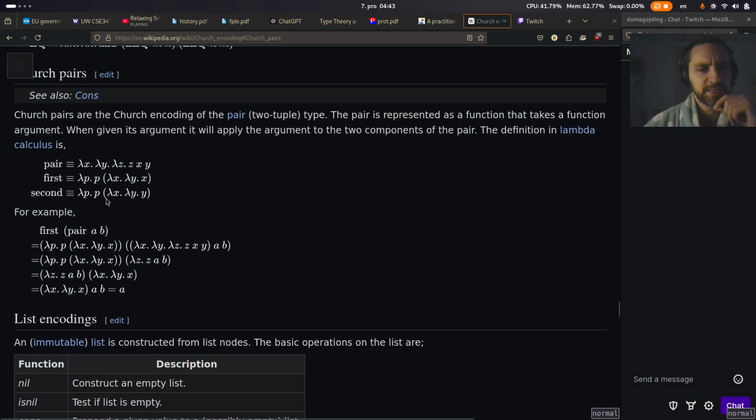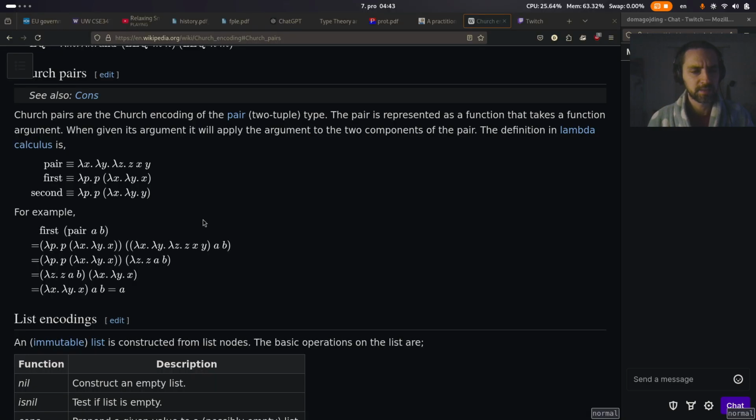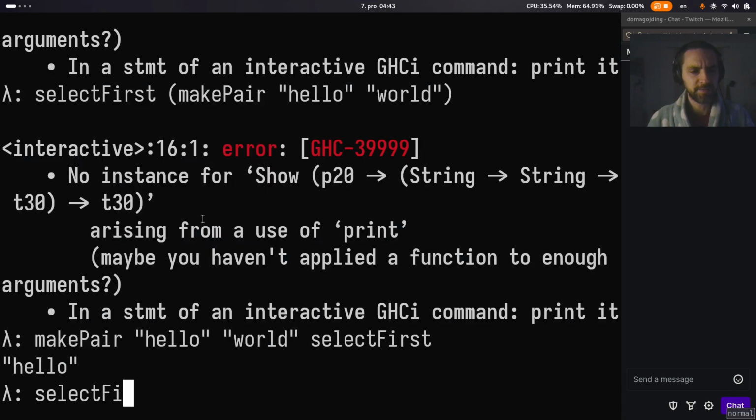Lambda x, lambda y, lambda z, z x y. And first is, so then first pair AB. But look at this thing works. Why? Because that's the thing I did at first. Wait a second. Select first, make pair, right? Make pair AB.